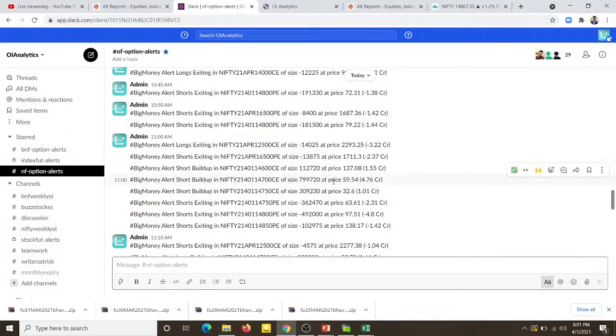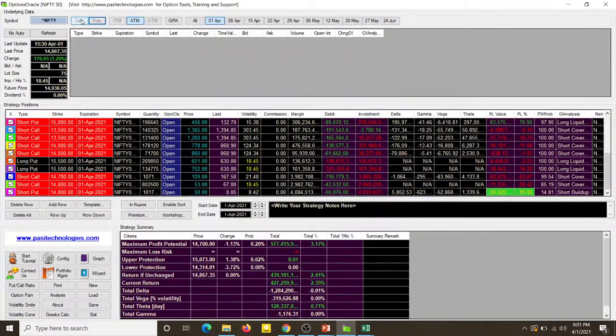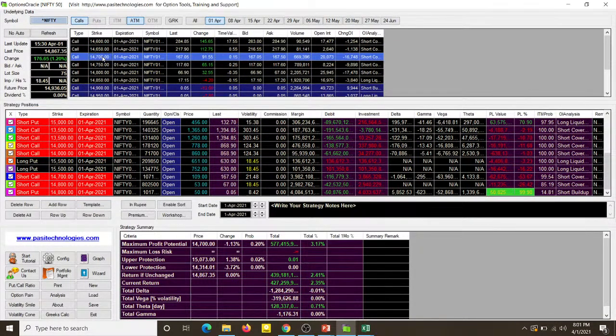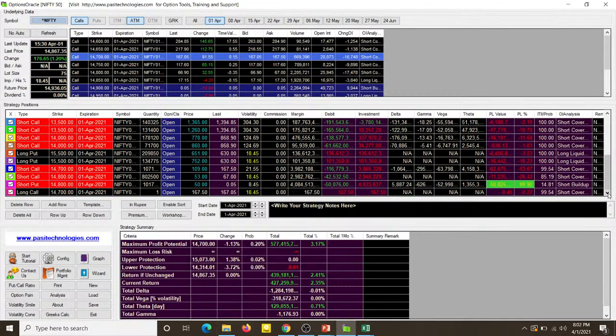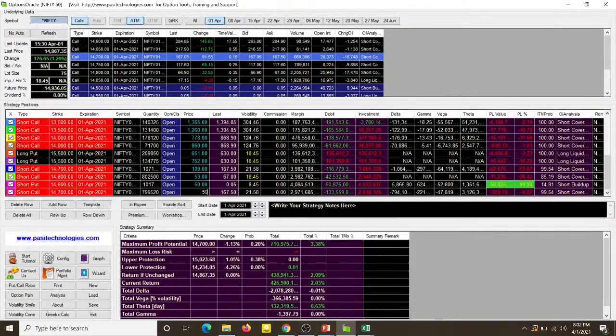So now there is one more position which came here, 14,700 call, 799,720, which is 59.54, correct? We'll add this, 14,700 call, yeah. So what we do is we make this short by default, and 799,520 and make it 59, right?